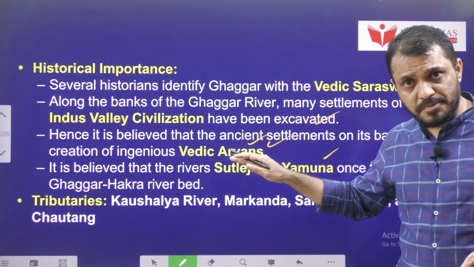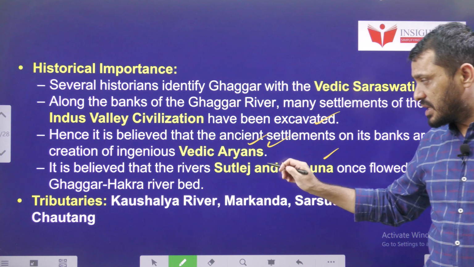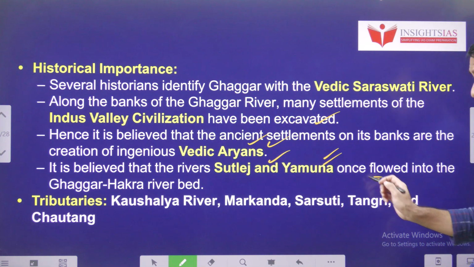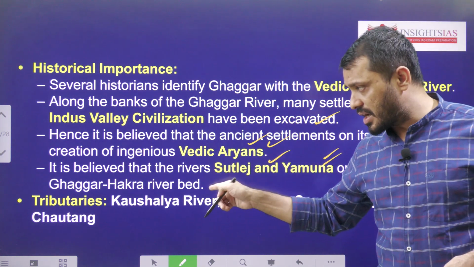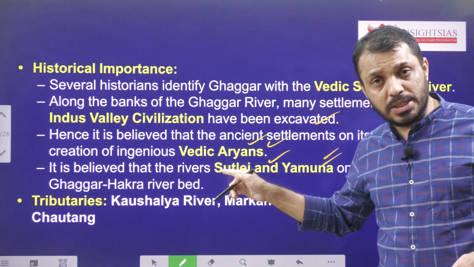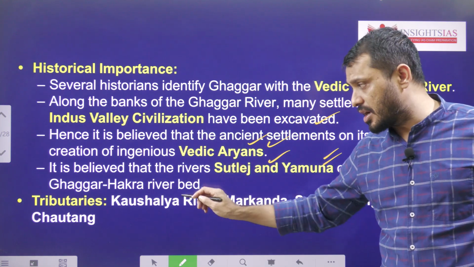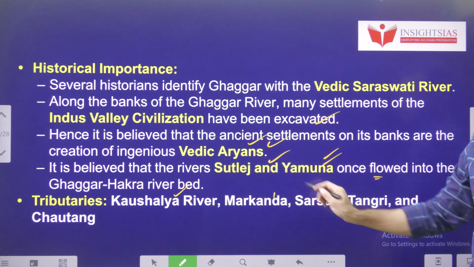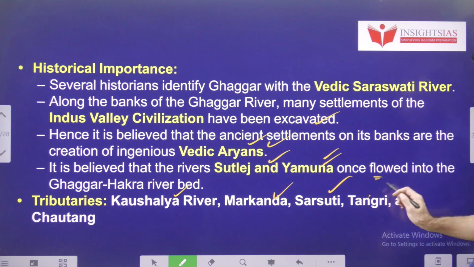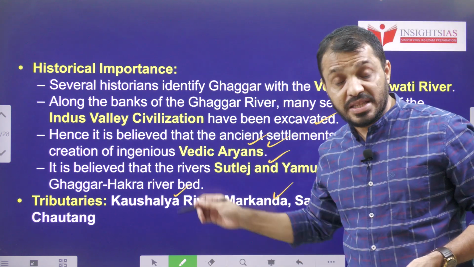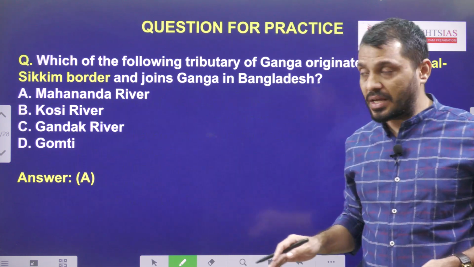It is believed that in historical times, the rivers Sutlej and Yamuna used to flow into the Ghaggar Hakra beds. The popular tributaries of the Ghaggar are the Kaushalya River, Markanda River, Saraswati, Tangri and Chautang River.